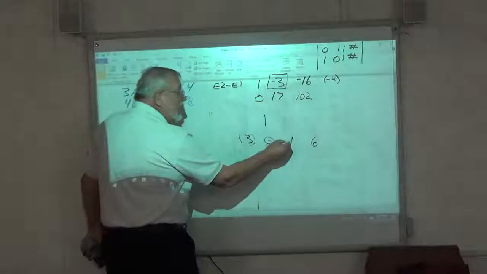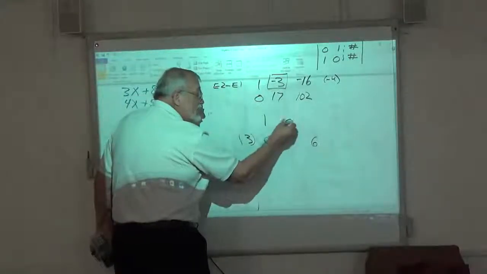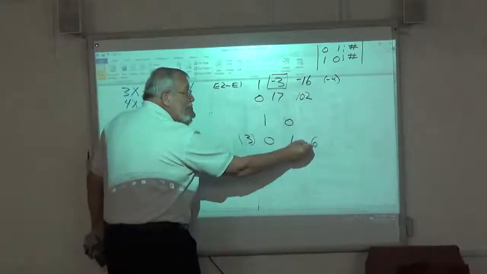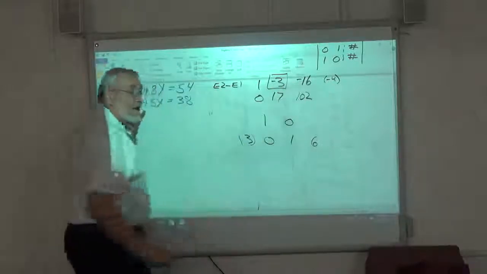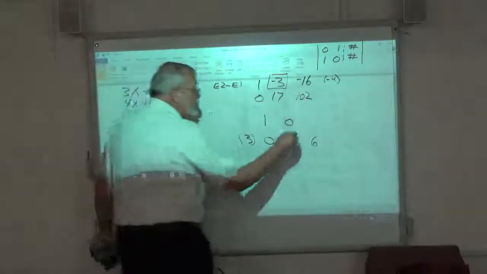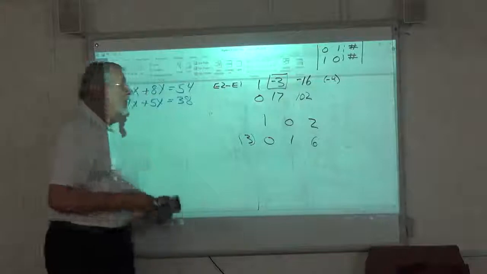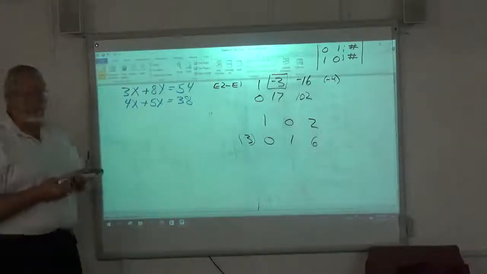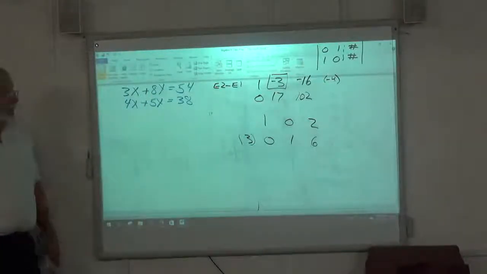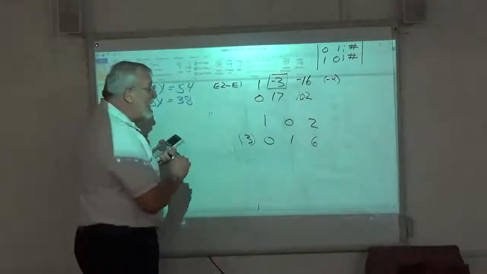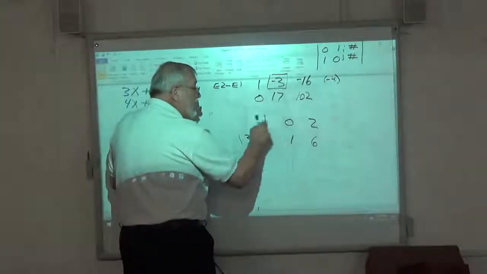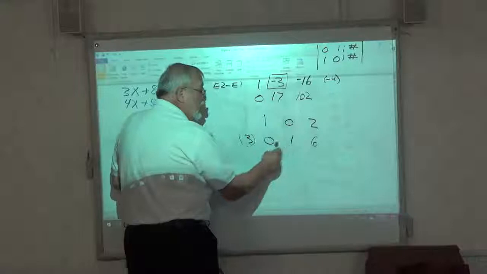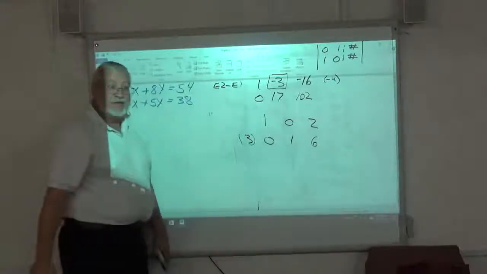Now, 3 plus -3 is 0. All right? 18 plus -16 is dos. Not negative, though. Positive. Right? Okay, so here is my identity matrix. X equals 2, y equals 6.